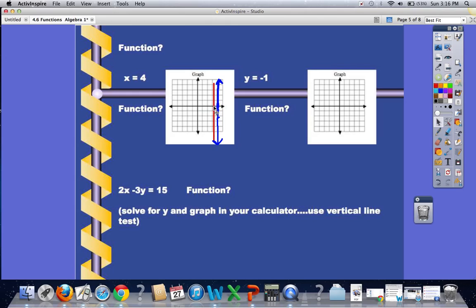So it did not pass the vertical line test because it touches several places. So a vertical line does not pass the vertical line test, and therefore it is not a function. Vertical lines will never be a function. It failed the vertical line test. So just remember, a vertical line will fail the vertical line test.